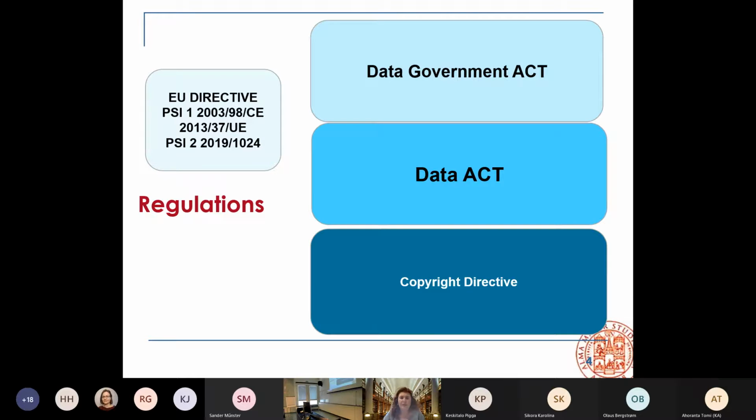So we need to pay attention in our future research to this scenario, to figure out how we can foster these regulations in favor of cultural heritage and our research.